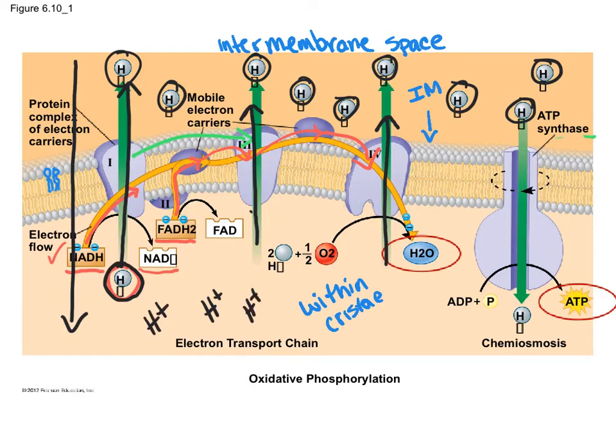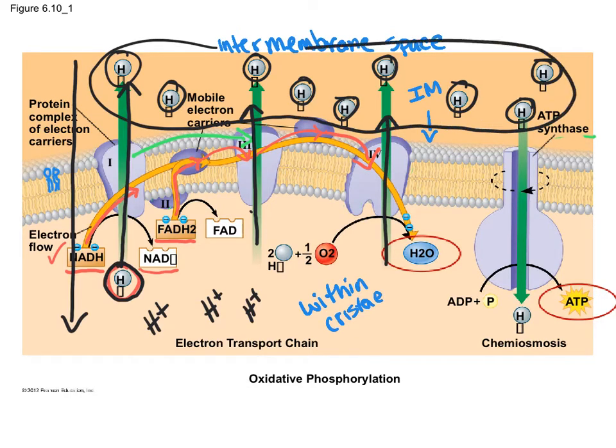That overall sets up this concentration gradient where you have a high number of hydrogen ions on one side of the membrane and a lower concentration of hydrogen ions on the other side of the membrane. Okay, great. So that's where the energy goes to. That energy goes to pumping hydrogen ions across the membrane against their concentration gradient, creating this difference between hydrogen ions on one side versus the other.